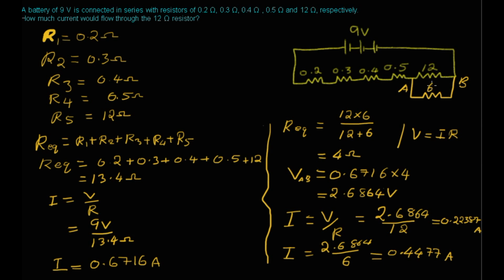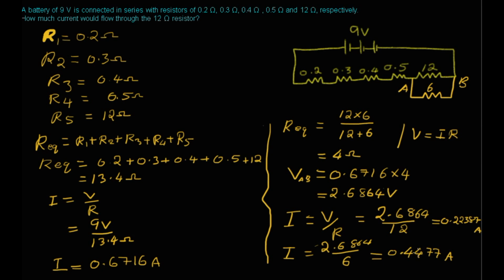One more idea we can get from here: when two resistors are in parallel, they get the same potential difference, same voltage, but the current is different. This 12 ohm is getting a current of 0.22387 ampere, and this 6 ohm resistor is getting 0.4477 ampere.